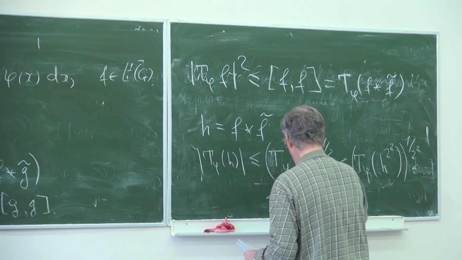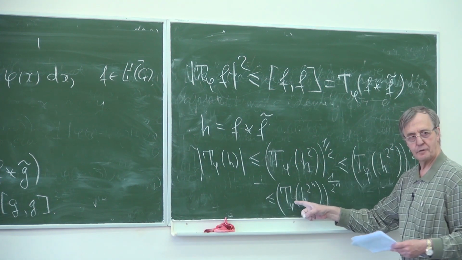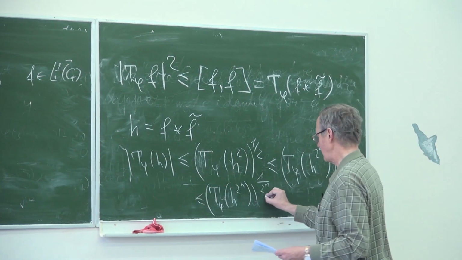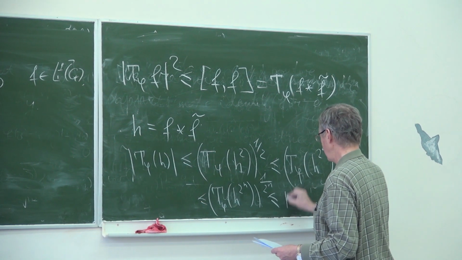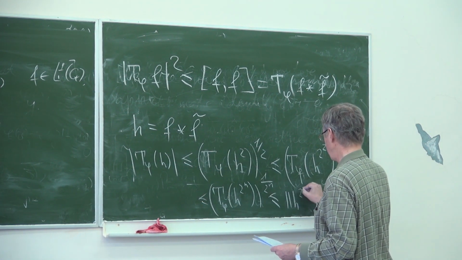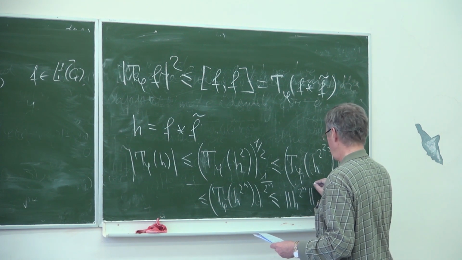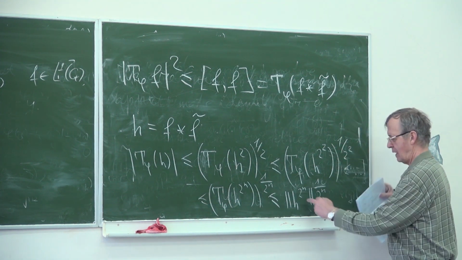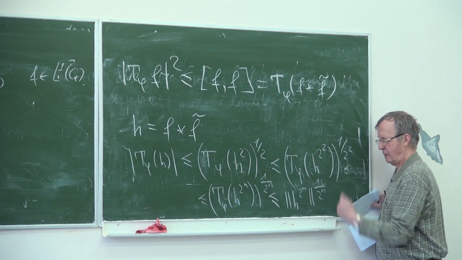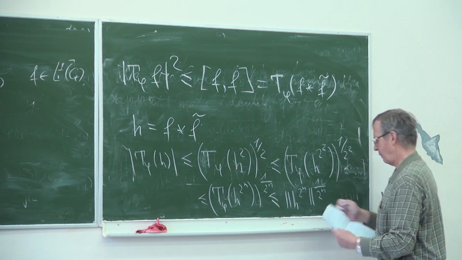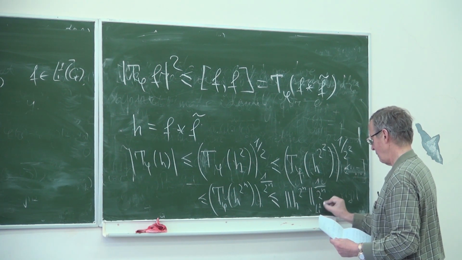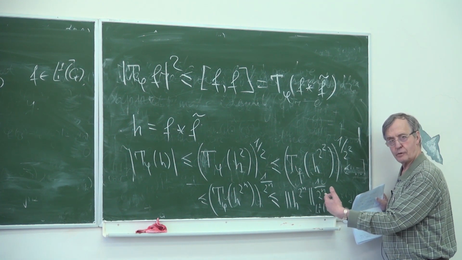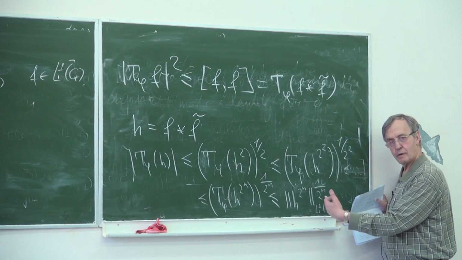And now I use the fact that the norm of T phi doesn't exceed 1. It is equal to 1 simply. So this is less than or equal to the norm of h to the power 2 to the power n, and all of this to the power 1 over 2 to the power n. So again, this is the convolution power. This is the n-th power of h. And we know that this tends to the spectral norm of the function h.